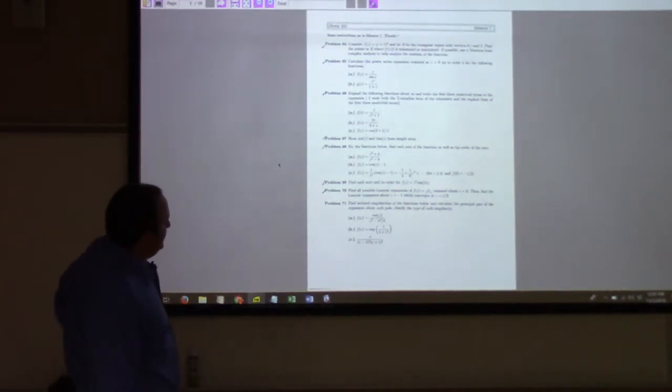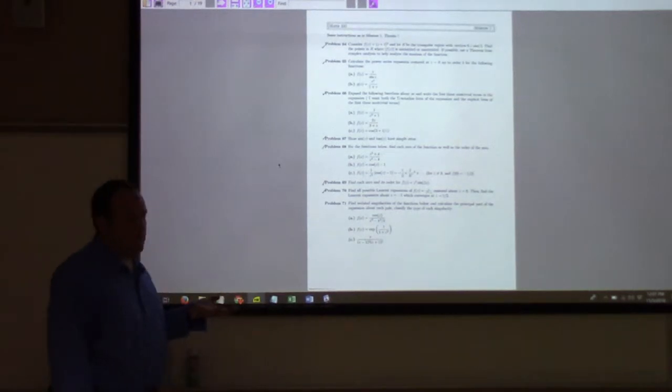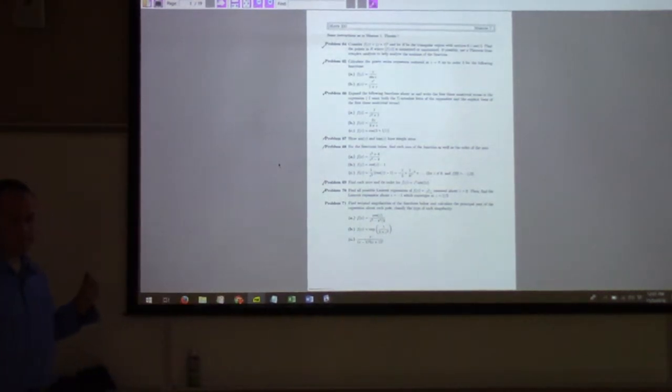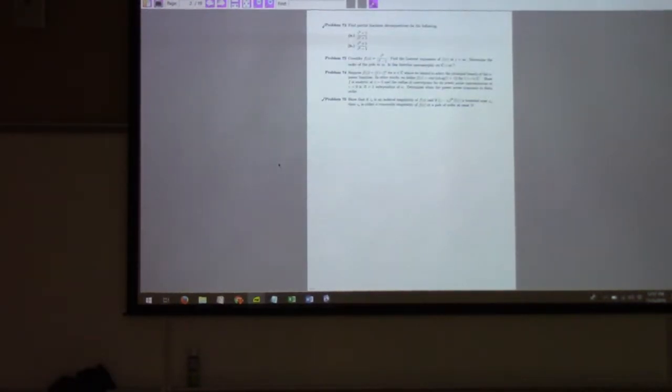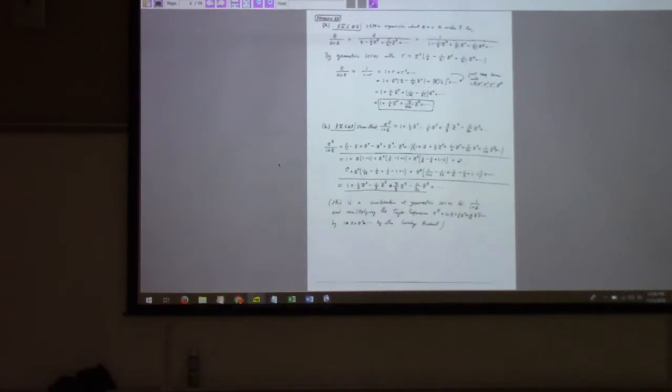So this is the solution to mission 7. Are there any particular ones you guys would like to focus in on at the moment? So here's 64, which none of you care about. 65.